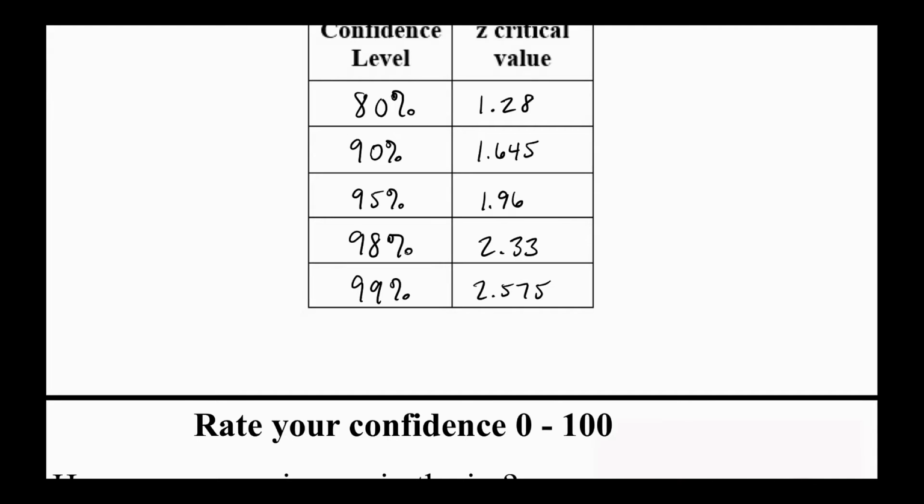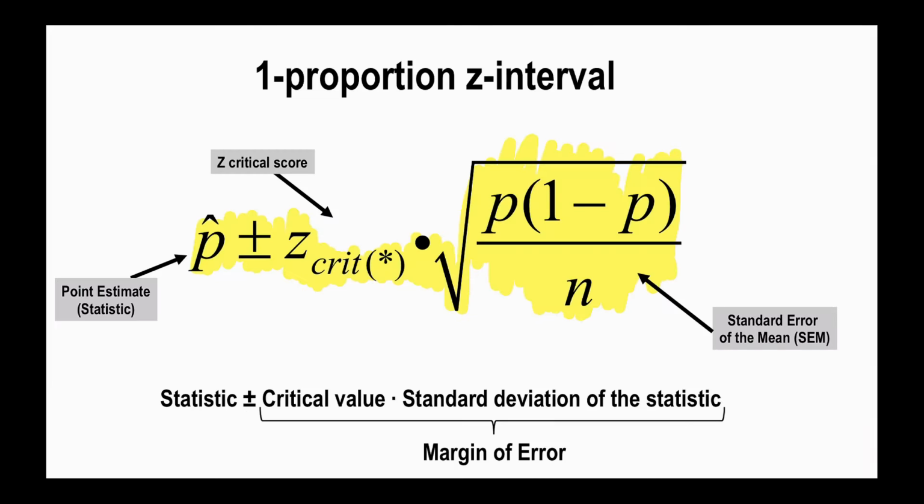And then the last part is called the standard error. That's the title of it. It's just the standard deviation of the statistic. We used it last chapter, the first chapter of the semester, chapter 7.